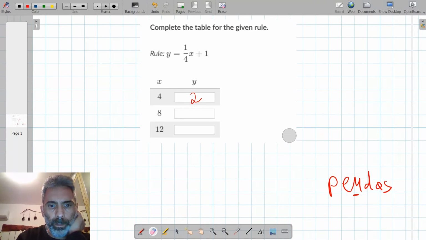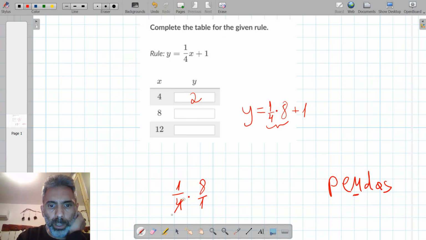Second row, we know that x equals 8. So y equals 1/4 times 8 plus 1. We do the multiplication first. 1/4 times 8.